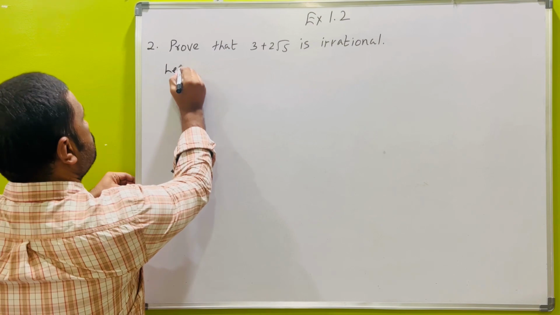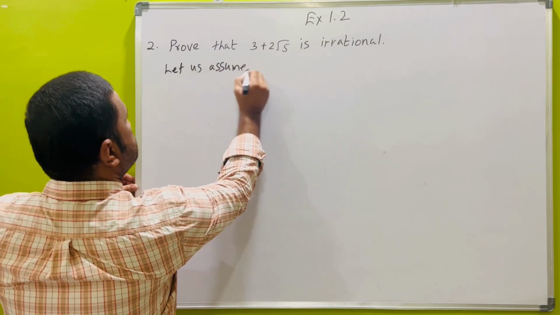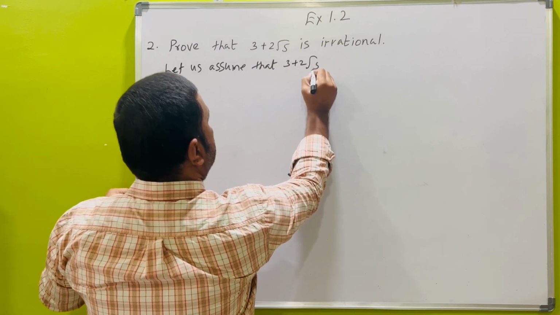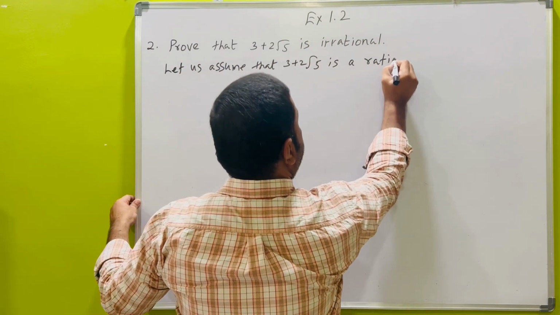Let us assume that 3 plus 2 root 5 is a rational number.